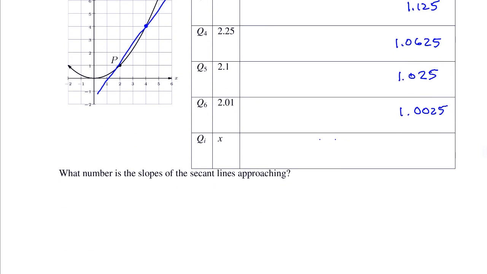Now if we do the formula, this would be f of x minus f of 2 over x minus 2, which is 0.25x squared minus 1 over x minus 2. And that's it.